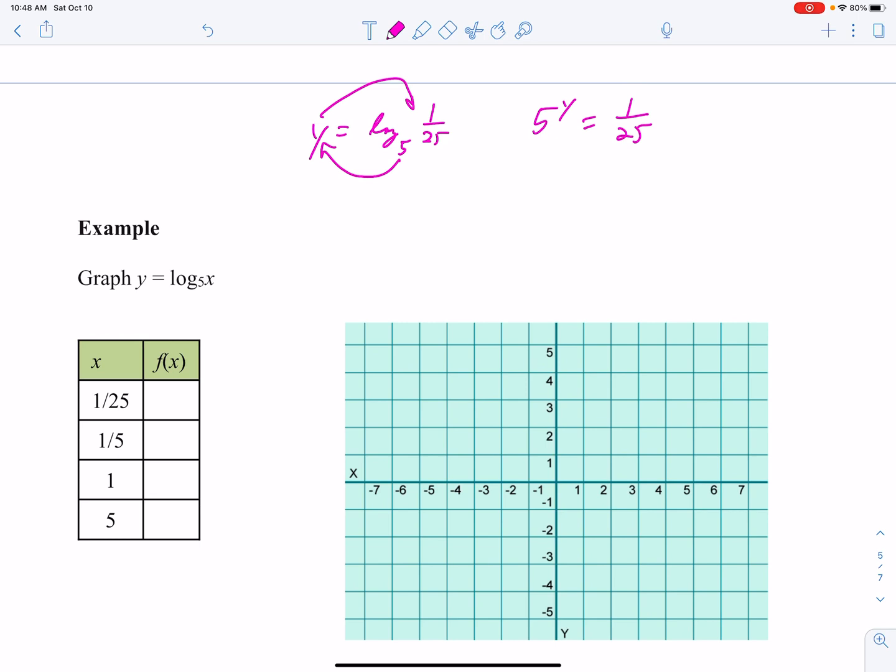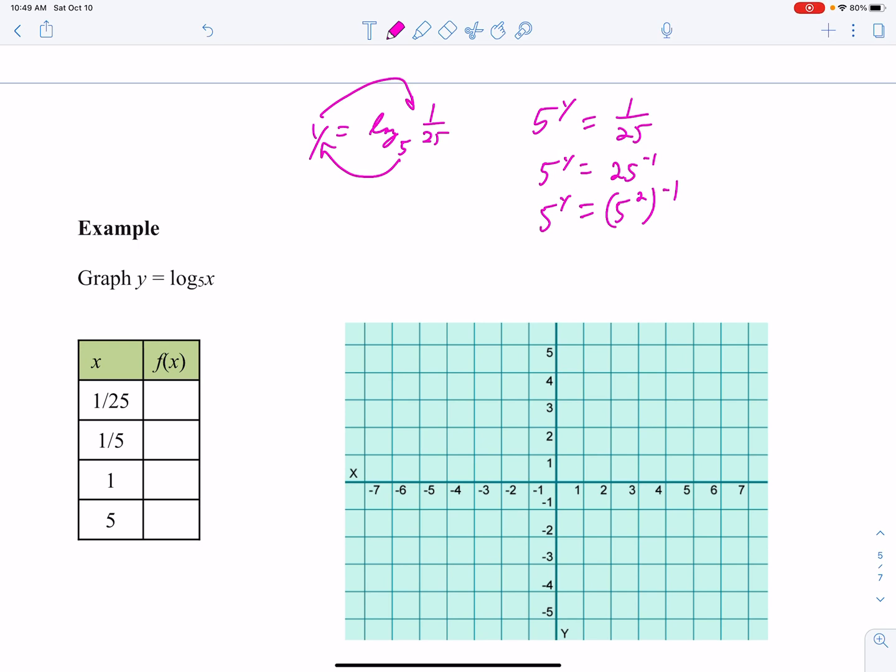Watch this. So 1 over 25. I think we can all agree we can rewrite that as 25 to the negative 1 power, correct? Negative 1 power means flip the fraction. But we want a base of 5, right? Well, 25 can be written as 5 squared. So 5 to the y equals 5 squared to the negative 1 power.